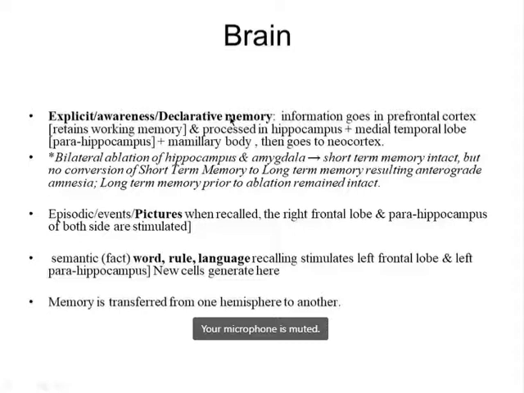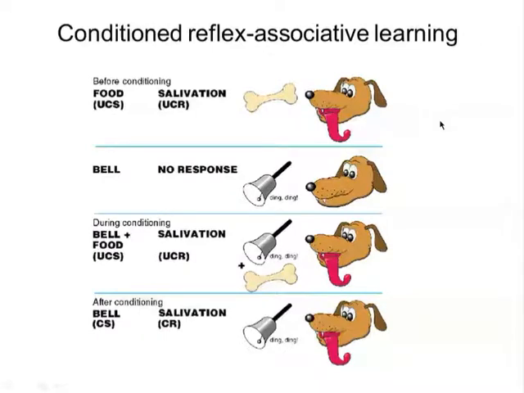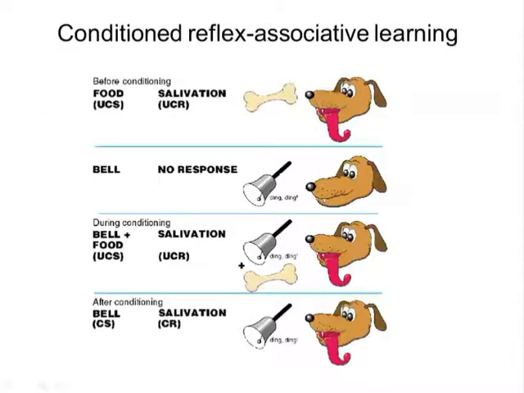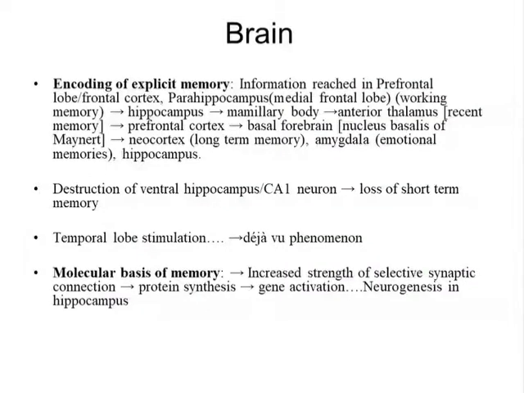The information goes to the prefrontal cortex. It is not in the striatum, neocortex, amygdala, cerebellum, etc. It is in the hippocampus and in the prefrontal cortex or frontal cortex or in the parahippocampus. That means the hippocampus and medial frontal lobe. Working memory is in the parahippocampus.